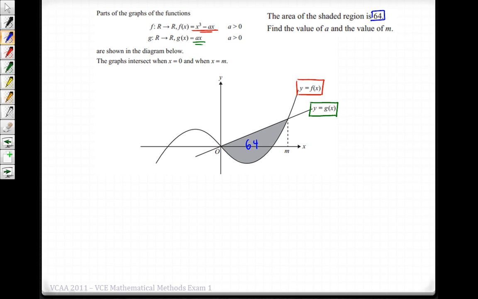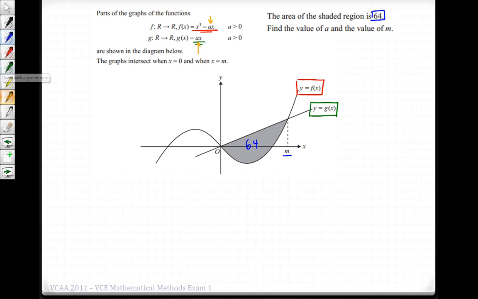And we need to find the value of m, and we also need to find the value of a, which appears in these equations here. So we're told the intersection of these two graphs occurs at 0 and at m.